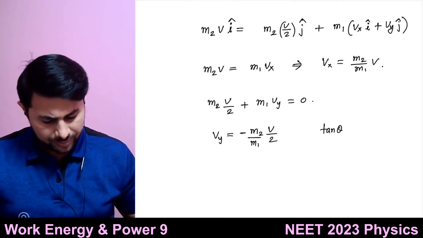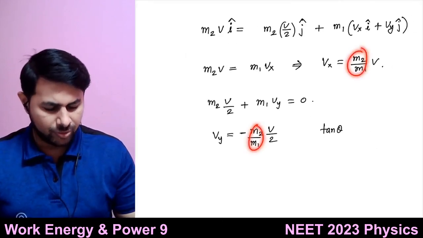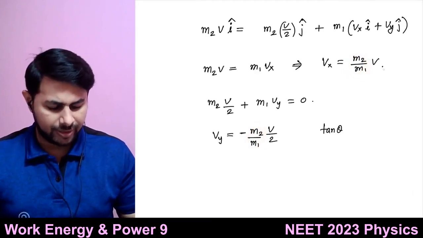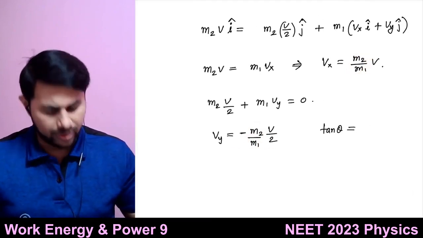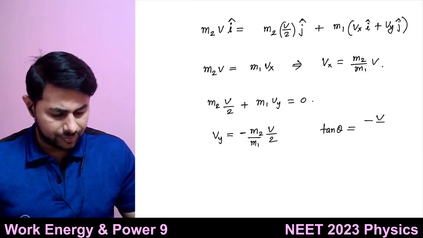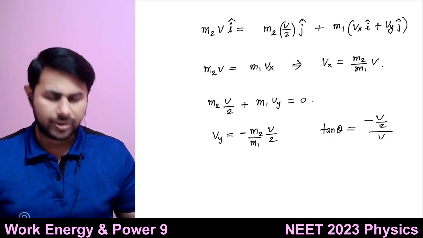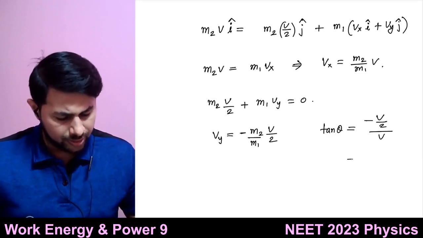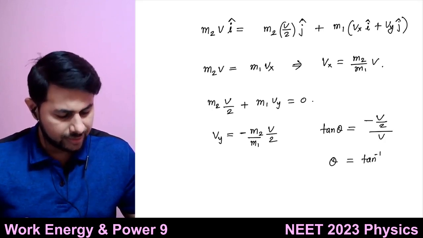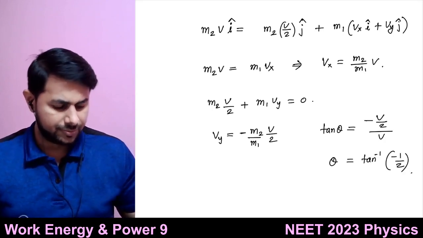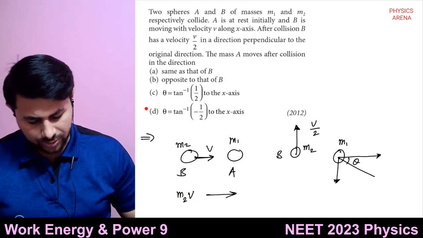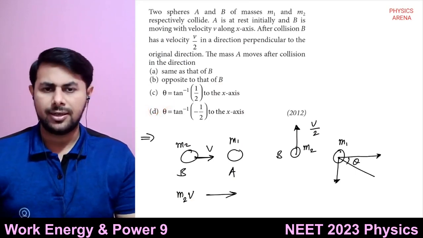The common factor m2 upon m1 cancels, leaving minus v by 2 divided by v, or minus 1 by 2. So theta is equal to tan inverse of minus 1 by 2. This is the answer: option D, to the x-axis.